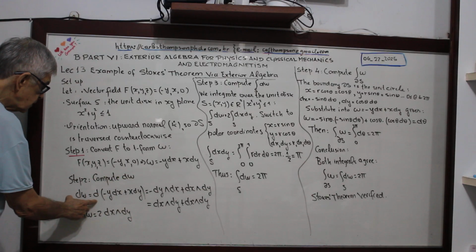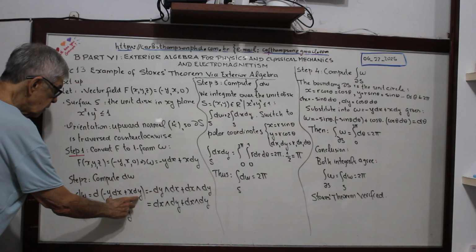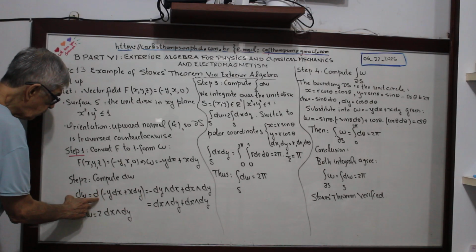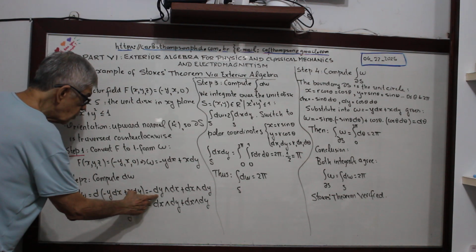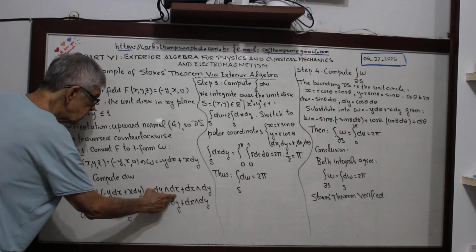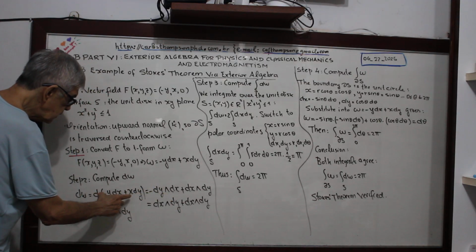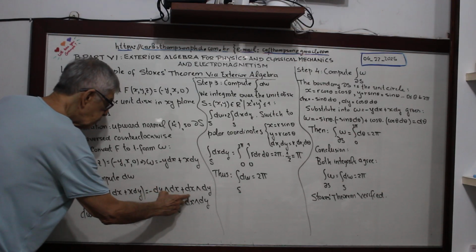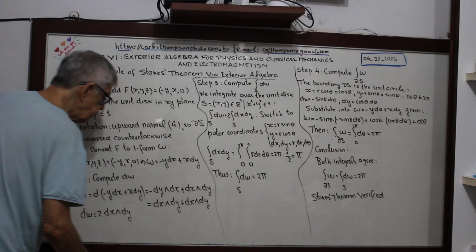Okay, d omega is d of this omega over here. You just expand, because the differential of minus y is minus dy, so this is minus dy wedge dx. Now the differential of x is dx, plus dx wedge dy.